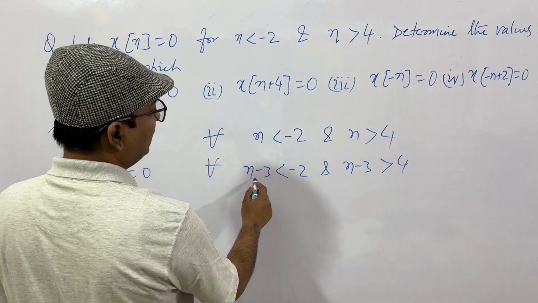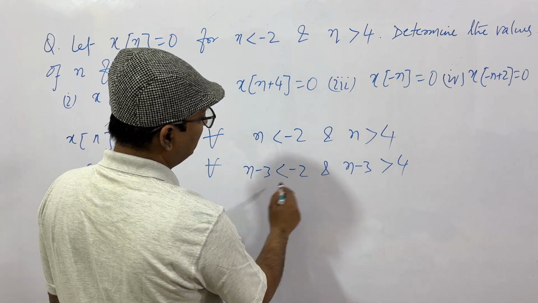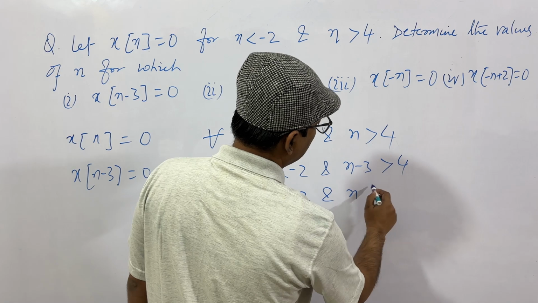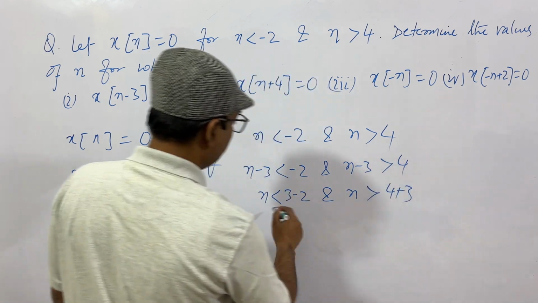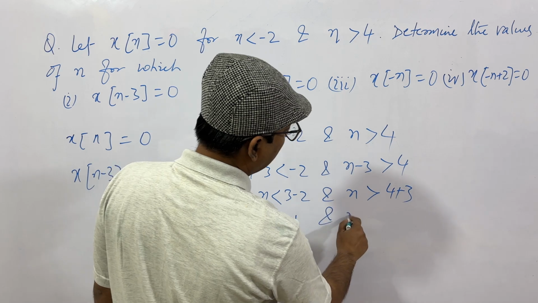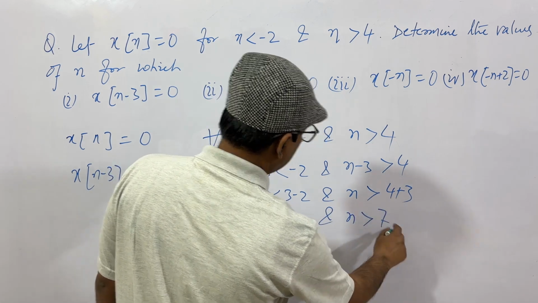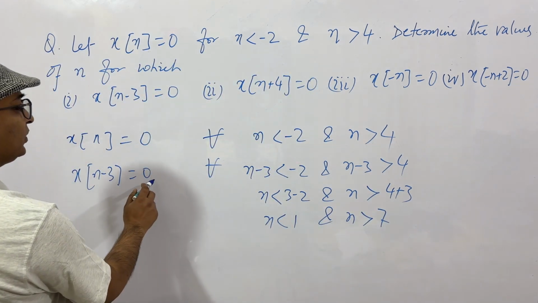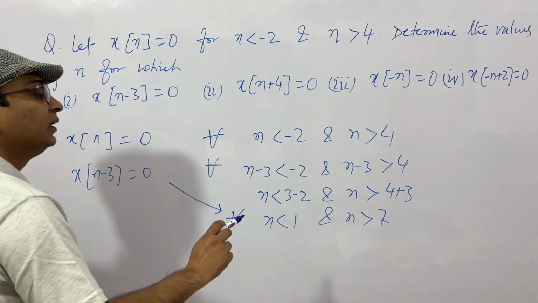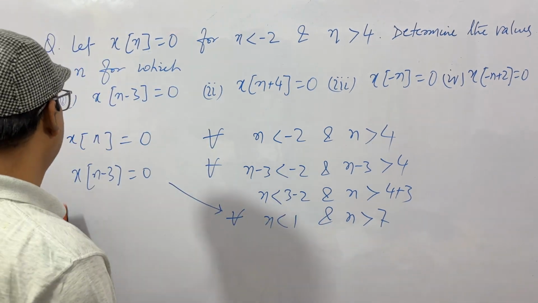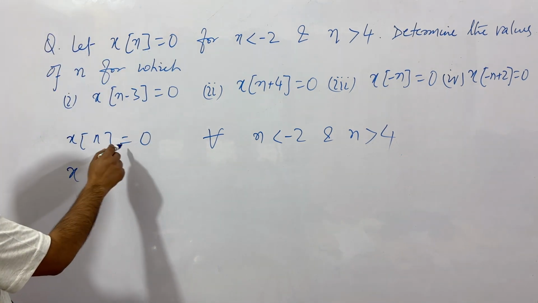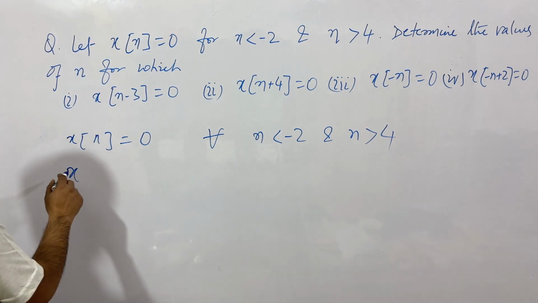Taking the 3 to the other side, n is less than 3 minus 2 and n greater than 4 plus 3. So, finally, n less than 1 and n greater than 7. This signal will be 0 for n less than 1 or n greater than 7. This is how we find the values of n for which it is 0.